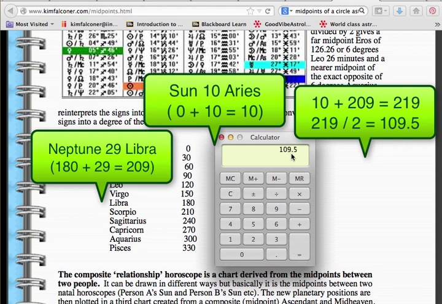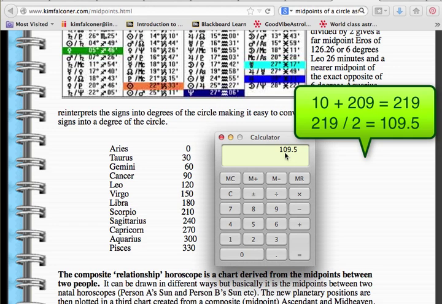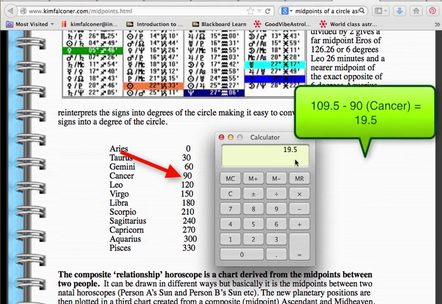And we get 109.5. Okay, so 109 is the midpoint. Where's 109? Well, we know that 90 is Cancer. So we subtract Cancer, we get 19, so the midpoint is going to be 19 degrees 5 Cancer.